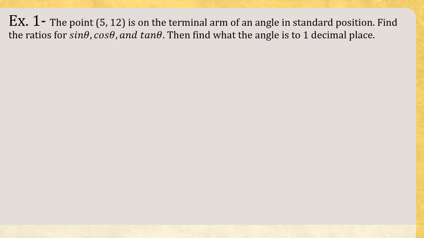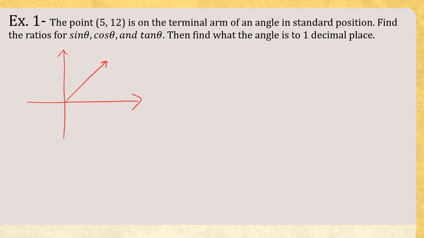On to an example. Example 1: the point (5, 12) is on the terminal arm of an angle in standard position. Find the ratios for sine theta, cos theta, tan theta, then find what the angle is to 1 decimal place. Step number 1. This is Cartesian trigonometry, draw an x and y axis. The coordinate (5, 12) is in quadrant 1.